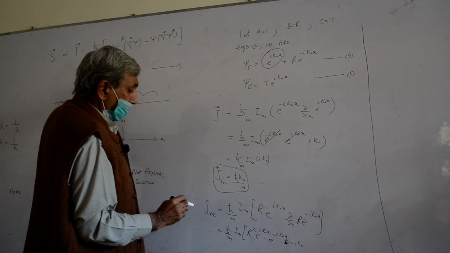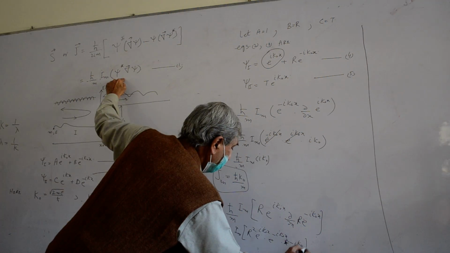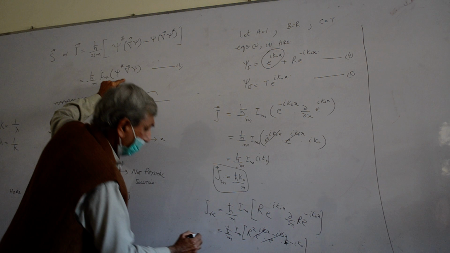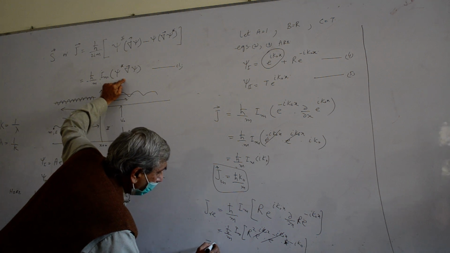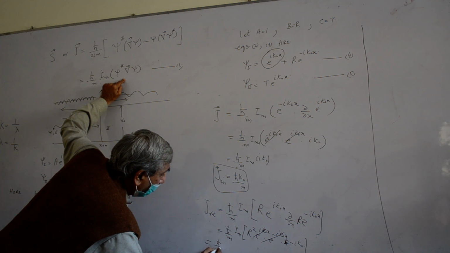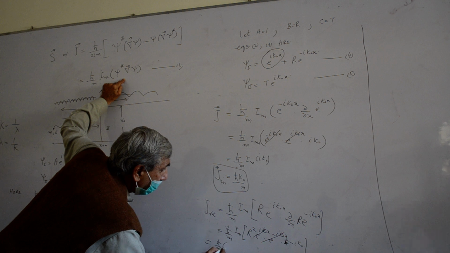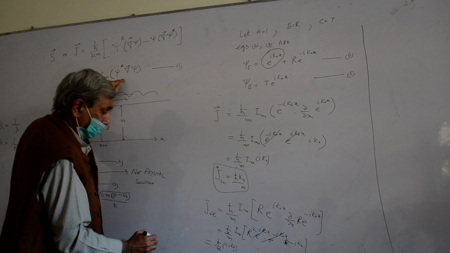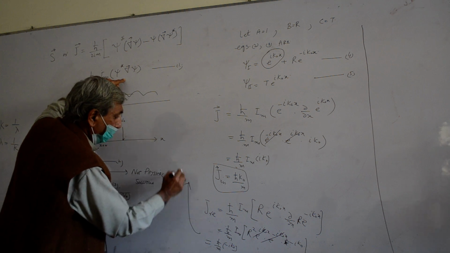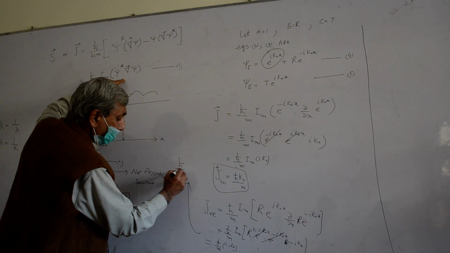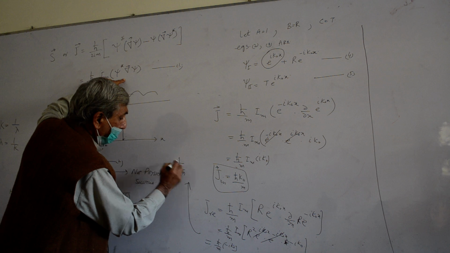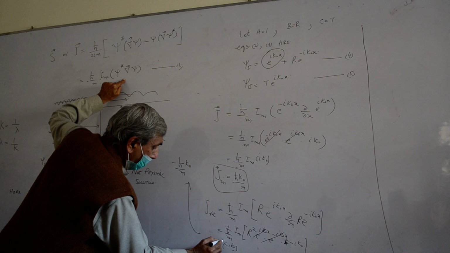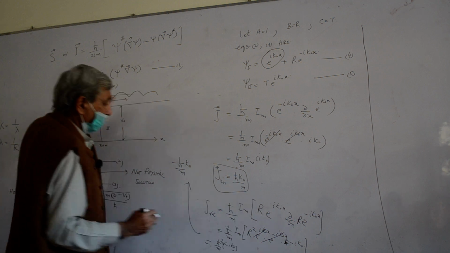Okay, done. Now what to do? This cancels with that one, and that is equal to h bar over m minus i k naught, and this is further equal to h bar over m minus k naught, because imaginary part means i will disappear.